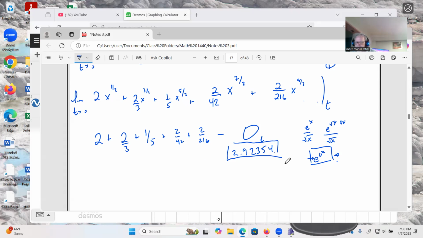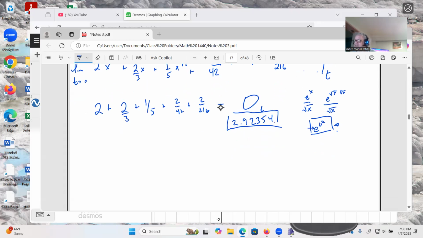So that's the other reason why we want to know a Taylor series: if we don't know how to integrate something, can we replace it by its Taylor series and integrate it that way? Now, you do have to pay attention to your radius of convergence for this problem, because e to the x equals 1 plus x plus x squared over 2 factorial plus dot dot dot.